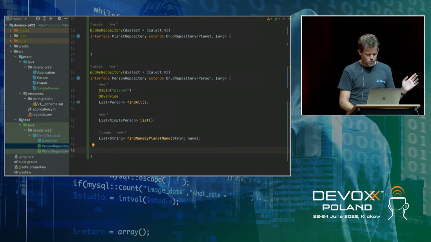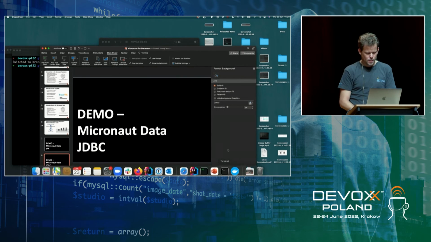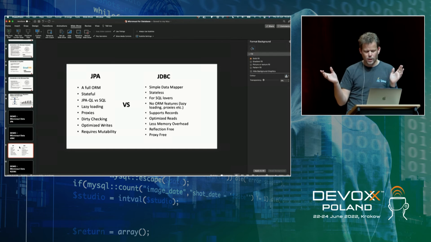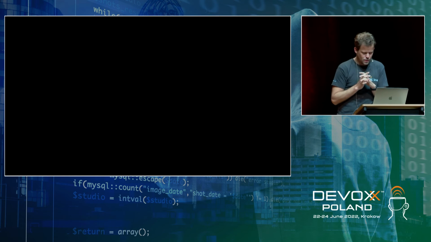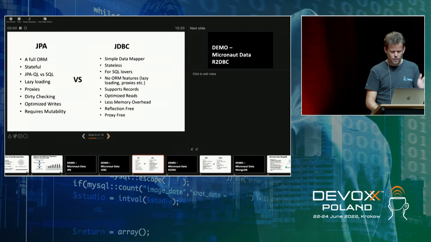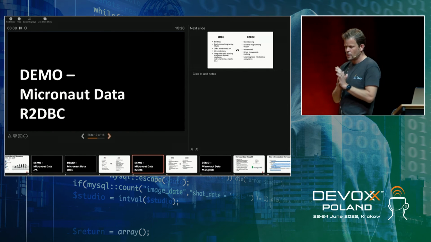Now, everything I've shown you so far has been basically the Micronaut Data blocking versions, JPA and JDBC, but there is also another implementation of Micronaut Data called R2DBC.